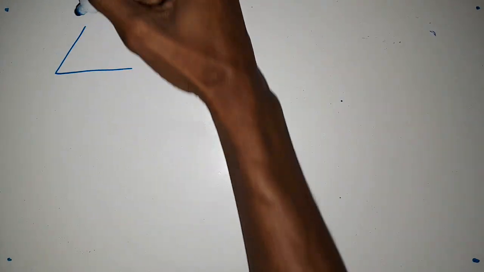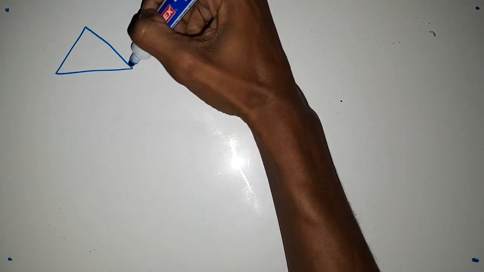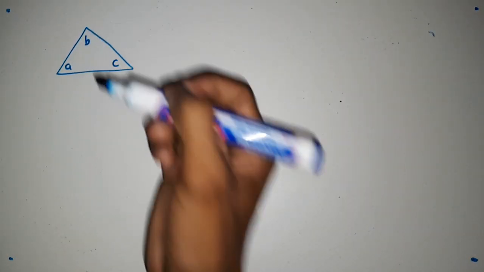Okay, let us move to another concept of triangle. Suppose now I have a triangle like this. Let's say we have A, B, C like this.